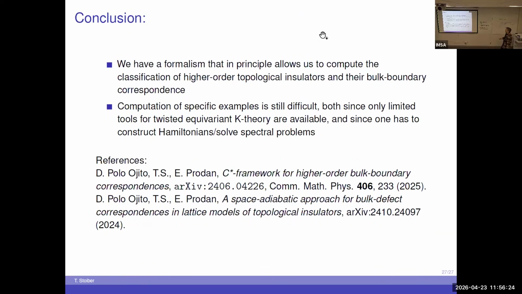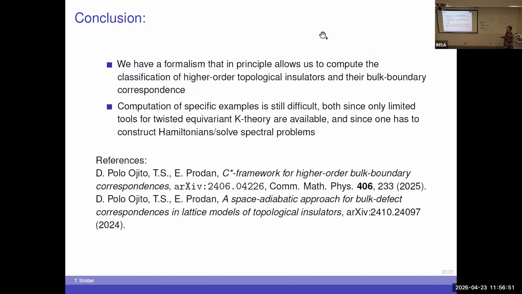Okay, so that was all of it, basically. As I said, the point is we have a formalism now in principle for how we can compute things in practice, but it's still very difficult. Especially because many of the examples that you need, like C4T symmetry and C2T symmetry and so on, it's actually very recent that anybody has been able to compute the K-theory.